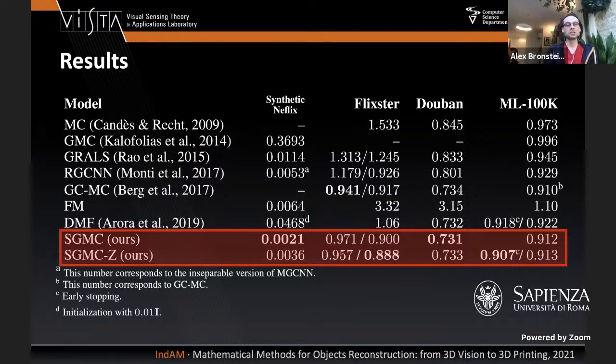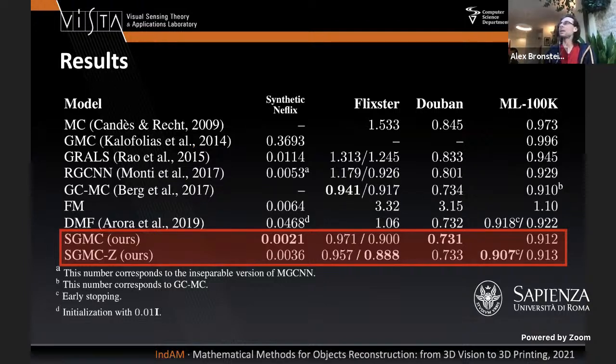And what you see here, first of all, is that MC is the rank regularized matrix completion using the convex relaxation that Candès and Recht introduced. And then there are several other algorithms from the literature. DMF is the vanilla DMF in the original domain, and other approaches are from the literature, like, for example, this RGCNN that Monti introduced.